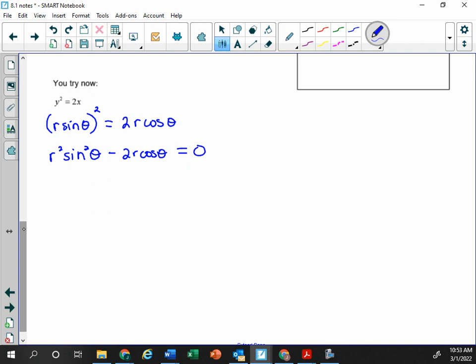R, yeah, so I've got r times r sine squared theta minus 2 cosine theta. So that's going to leave me with r equals 0 and this lovely r sine squared theta minus 2 cosine theta equals 0.